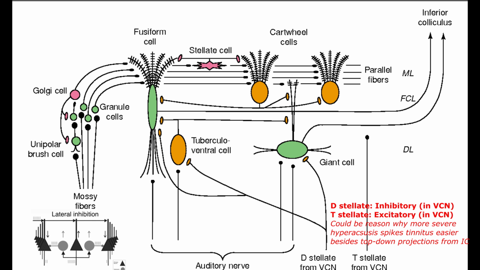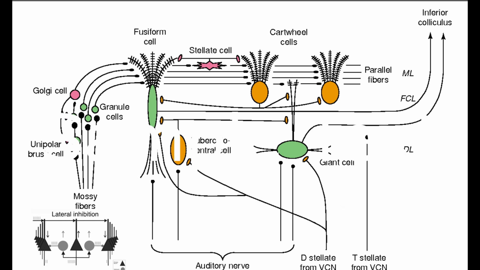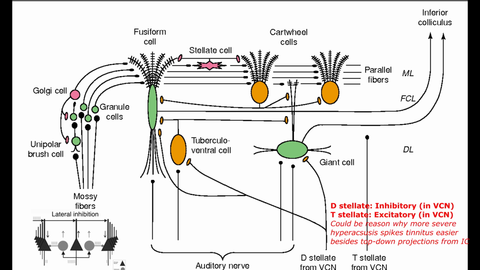Now, as I've explained in my 5HT video, cartwheel cells provide very strong inhibitory input, primarily glycinergic or GABAergic, onto fusiform cells, and sometimes onto other interneurons. And their firing can reduce the overall excitability of fusiform cells in specific frequency bands, basically shaping how signals are passed upwards the auditory pathway.